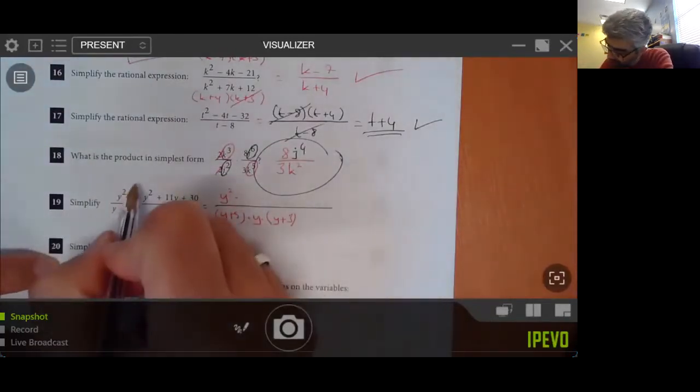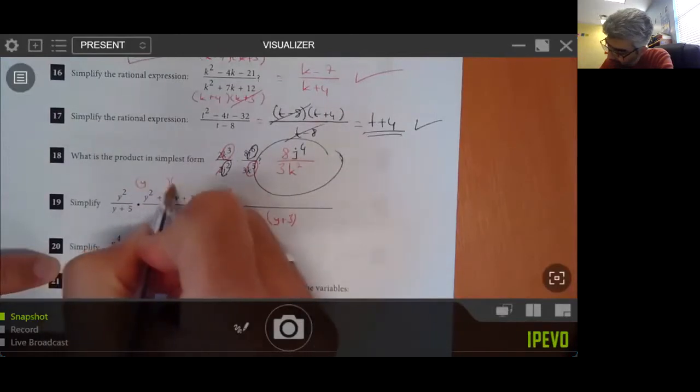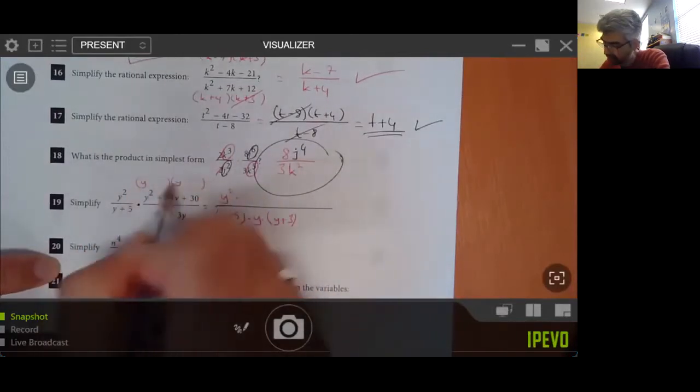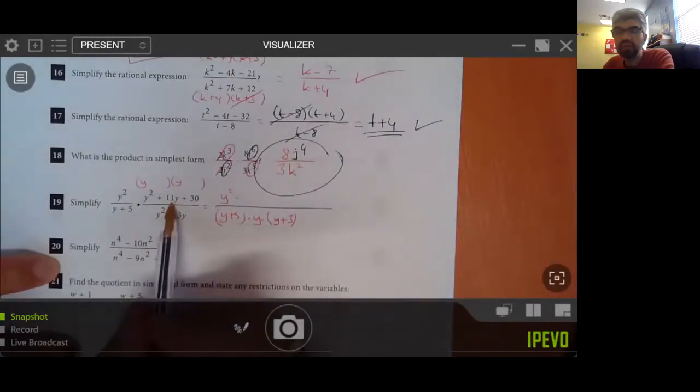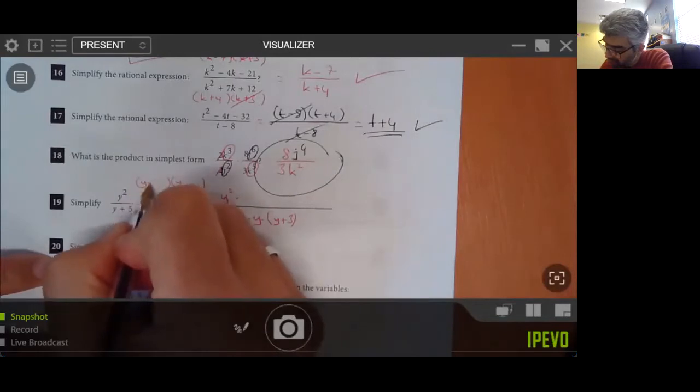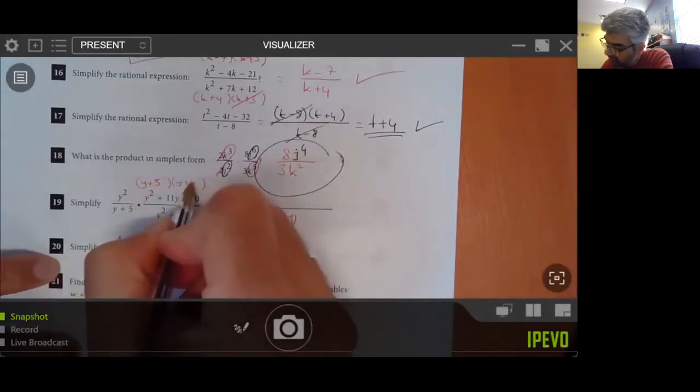It doesn't help me. I need to find the factors. So how can I factorize this? Well, I need two numbers. The product is 30 and the sum is 11. They are 5 and 6. Yep. y plus 5 and y plus 6.